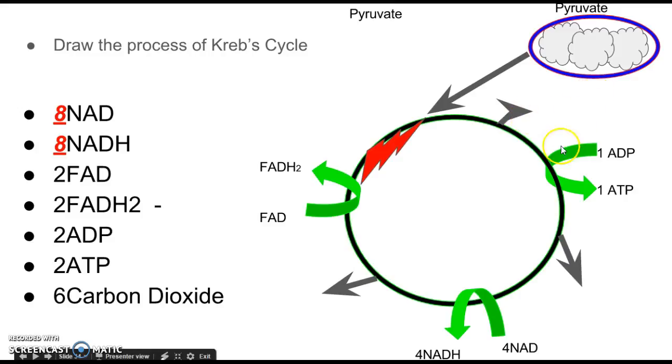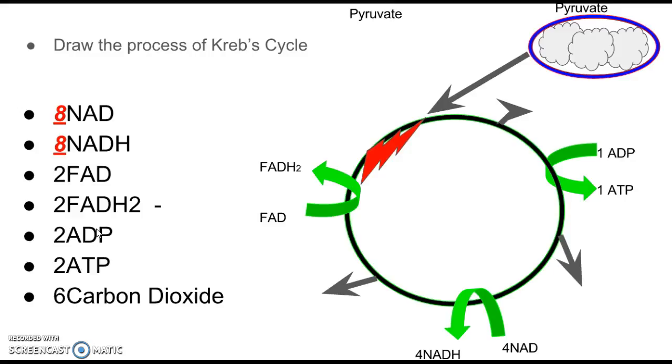We'll release another carbon dioxide, turn in another ATP, release another carbon dioxide, then make some more NADHs, and then make some more FADH2s when we break off the last one. So as we get through the process of the Krebs cycle, what we are making is a whole bunch of ATP, NADH, and FADH2s. How we do it is we break off the carbon bonds between our pyruvate carbons.